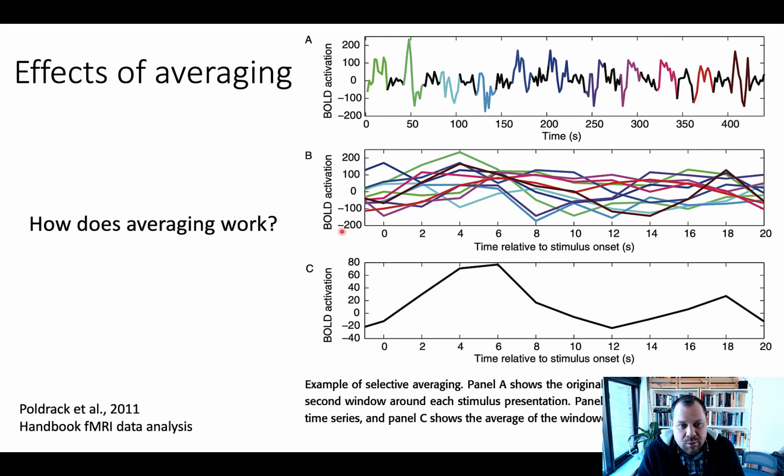Then the first thing that we do is we time lock these time points to the start of the onset of the decision. So this is when we show the subject the decision screen, now make a trust decision, right? Do you want to trust this other partner? And then we look at over a period of 20 seconds, how does the BOLD response look?